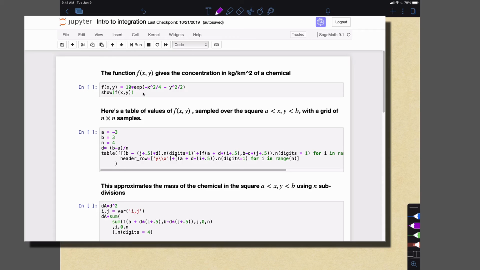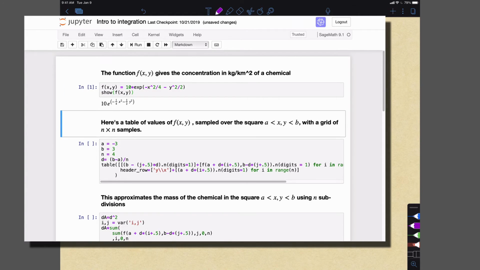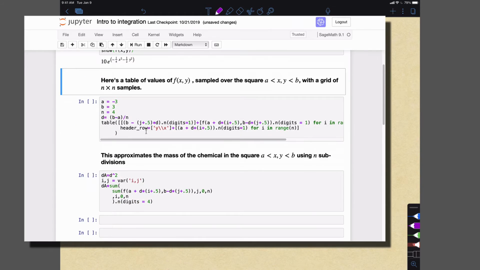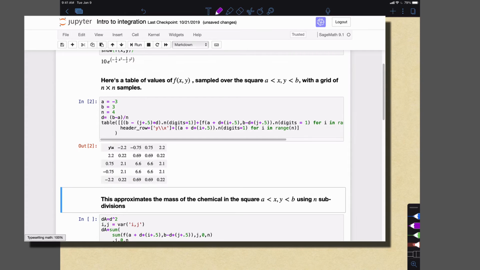So here I have that concentration function plugged into Sage. And this command here is asking for a table of values. So basically showing us if we split up our region that goes from -3 to 3 in both the x and the y directions, what we would read at those 4 sample points in each row and in each column.